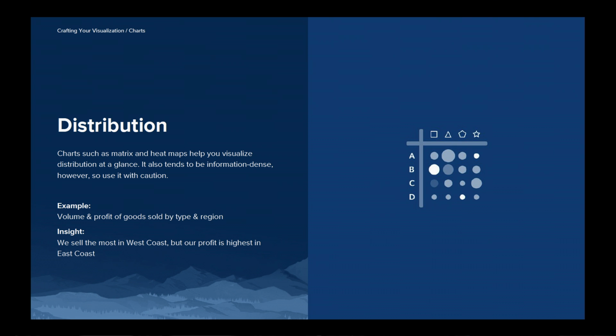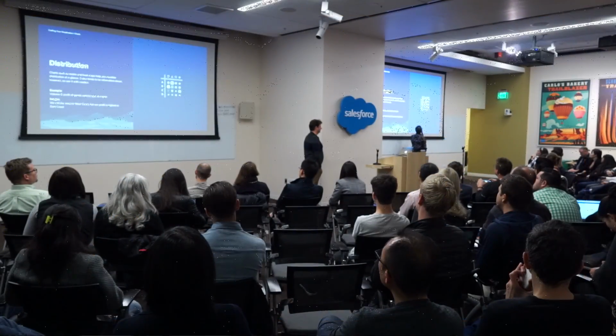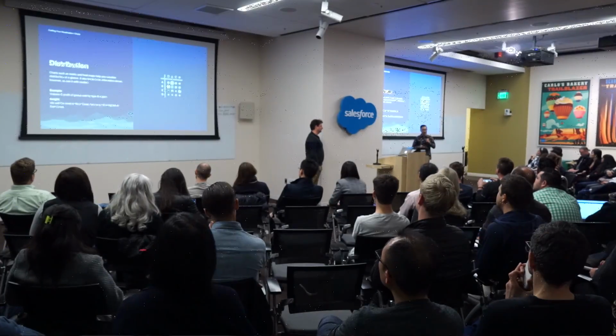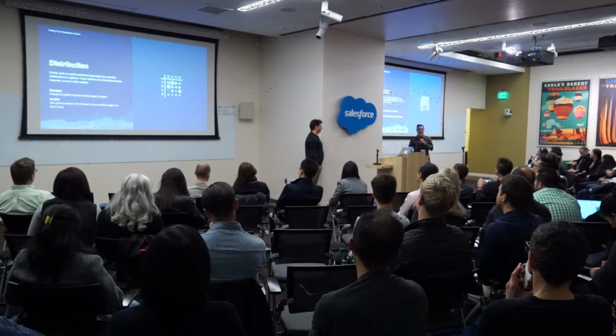So for example, I can say that this one, a triangle, is where it's being sold the most, but the square is where we're getting the most profit. So we're dealing with 4 variables here, which is a lot in one chart, but this can be a really good, succinct way of displaying your information.